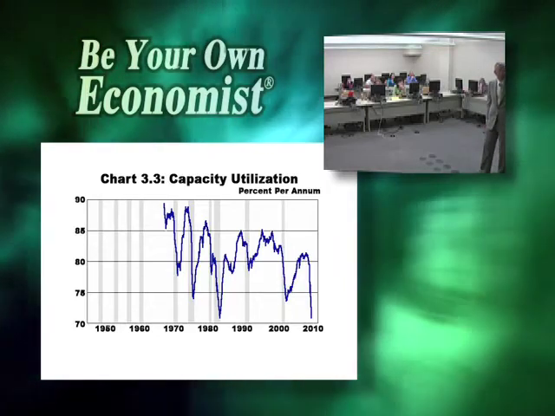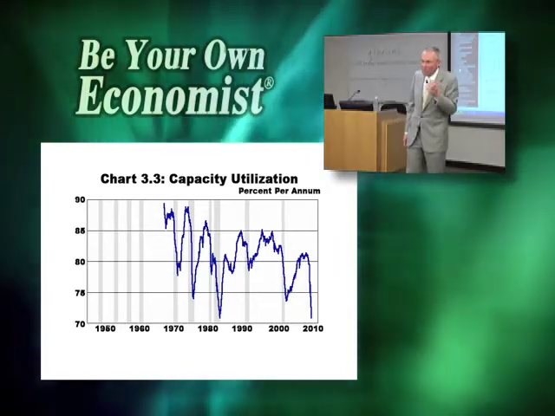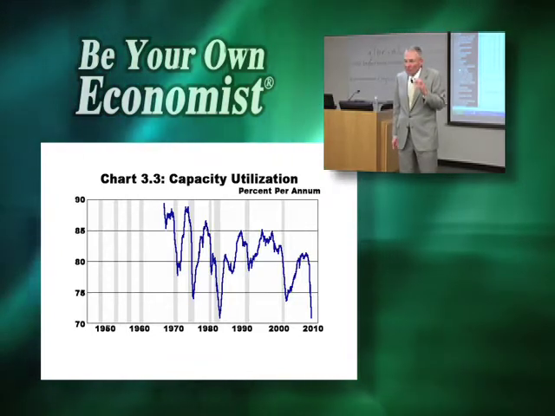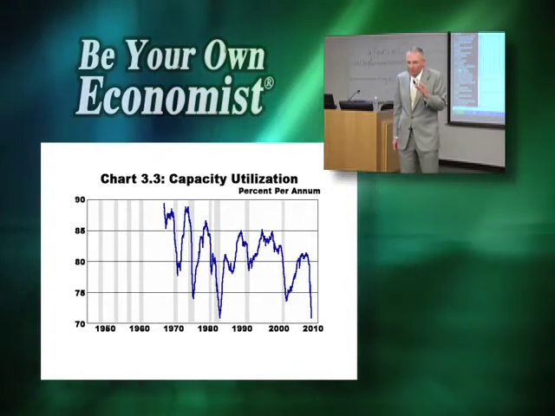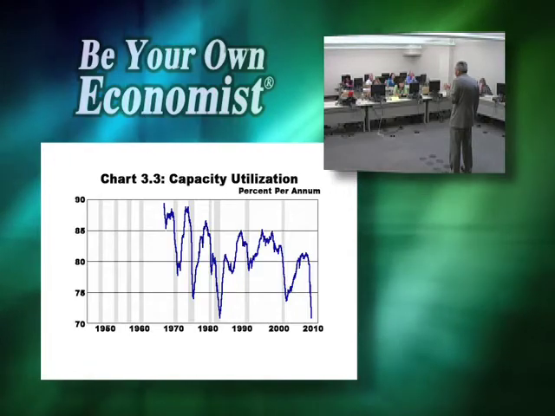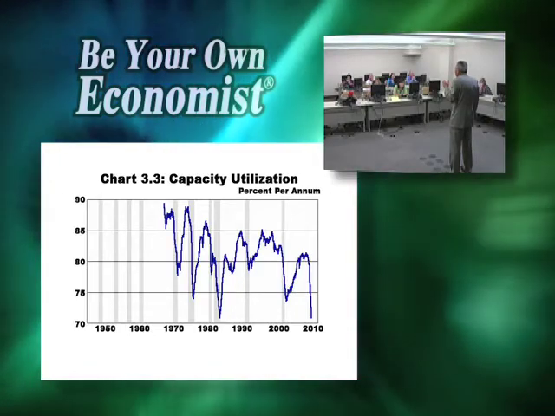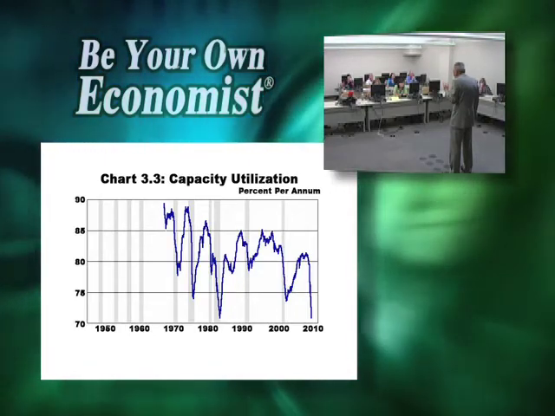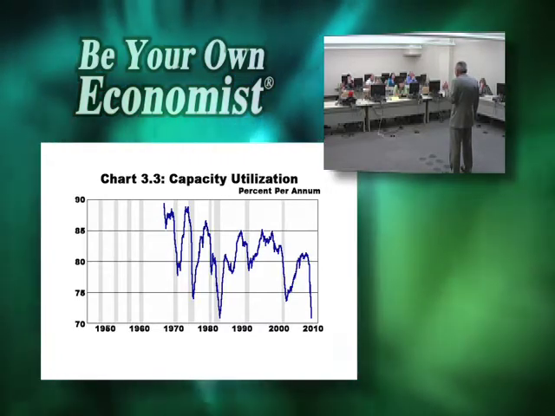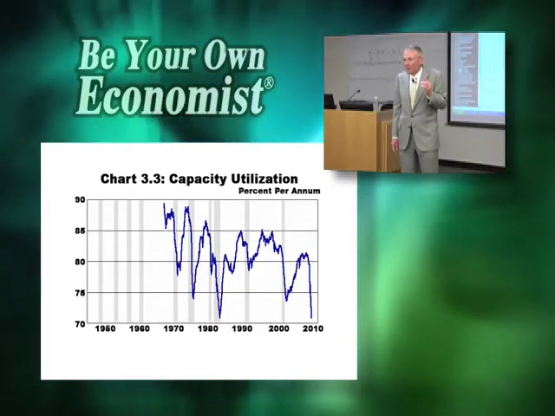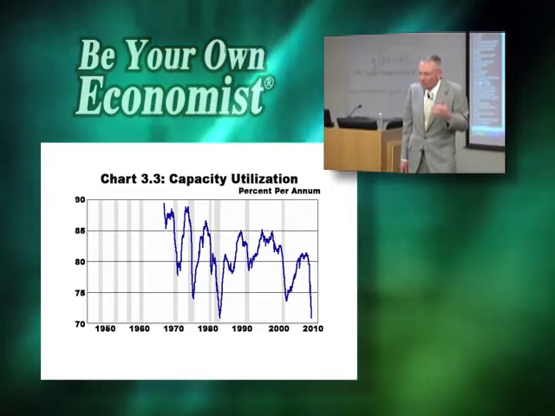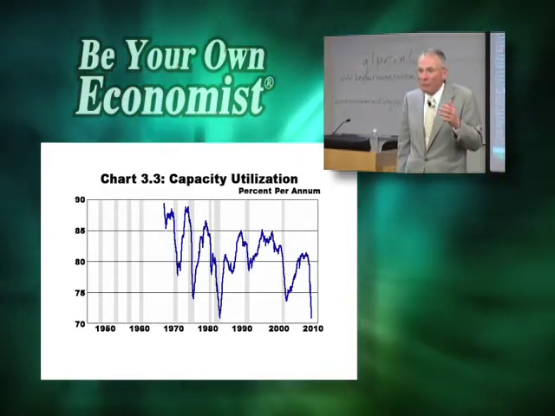It's number 3.3, so you can see it on your screens there. Now, capacity utilization looks at industrial production. And it asks this question: what is the current level of industrial production expressed as a percentage of the maximum? So if we're producing 75 tons of stuff a day and our maximum is 100 tons of stuff a day, we're operating at 75% of capacity.